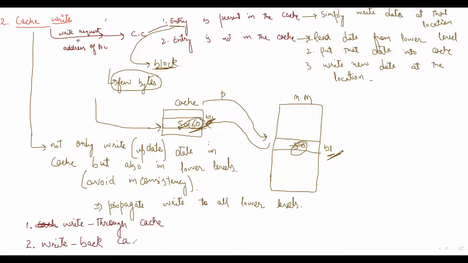So what kind of policy, or what kind of cache, should we use: write through cache or write back cache? You have to remember that this difference is only because of the write operation, since we have to propagate the write to all lower levels.